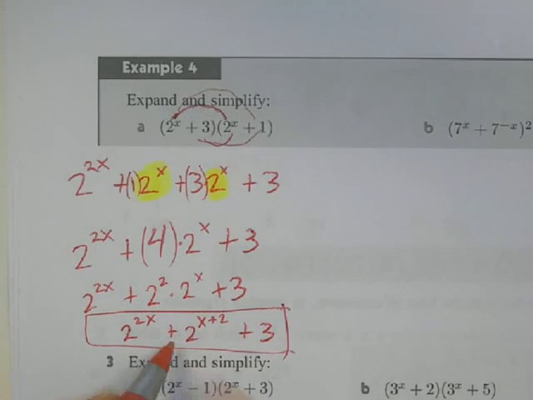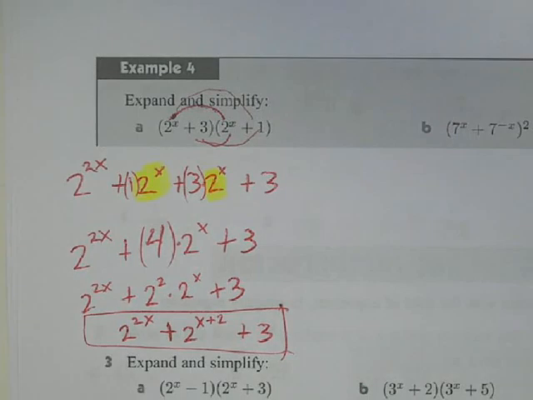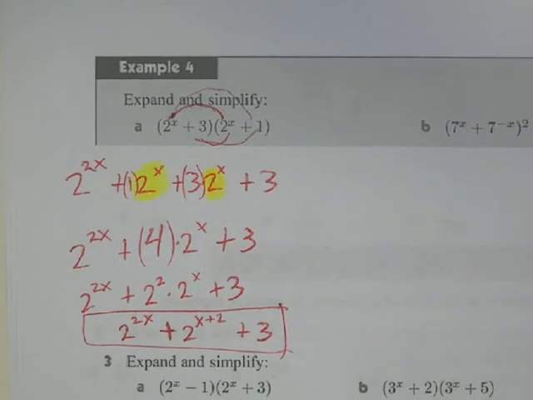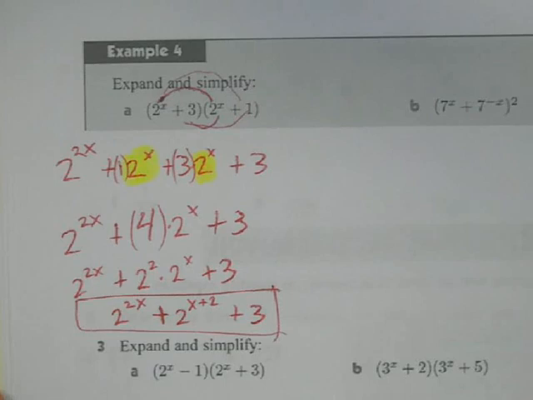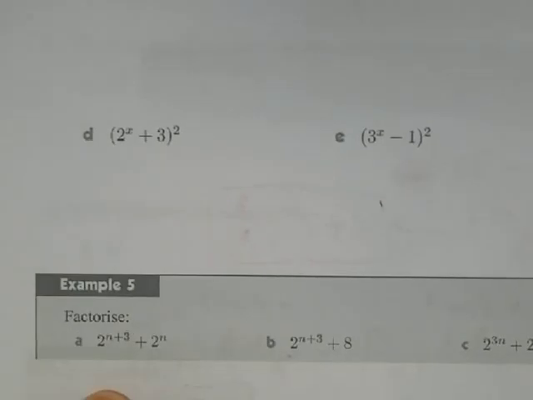Okay, so because this is plus, we can't combine those values there. Okay, I want you to try these on your own. I'll put up the answers in a minute.